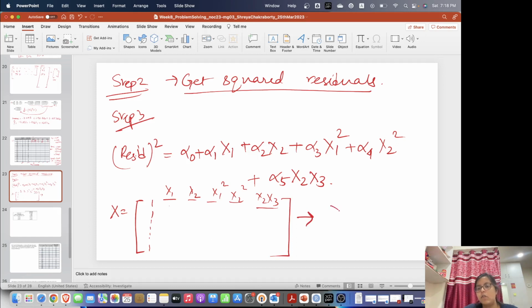So similarly we would proceed to (X transpose X) inverse X transpose y, and we would have a beta hat, or I would rather say an alpha hat, with alpha naught hat, alpha 1 hat, alpha 2 hat, alpha 3 hat, and alpha 4 hat.